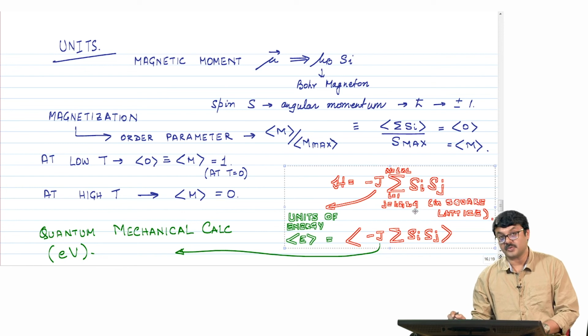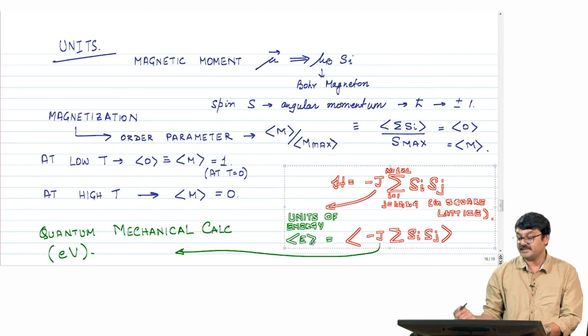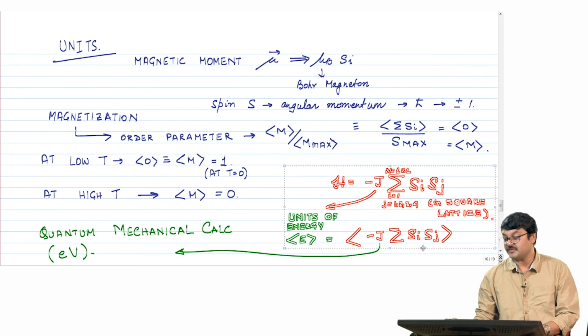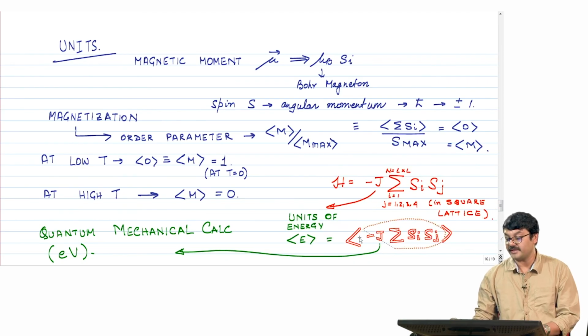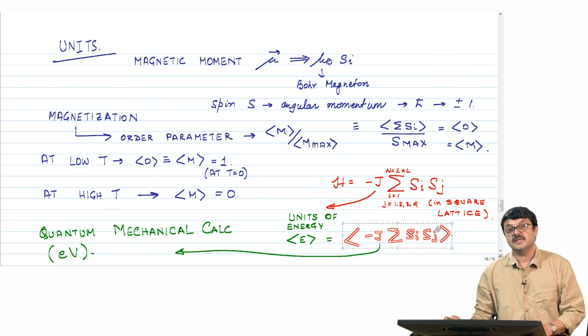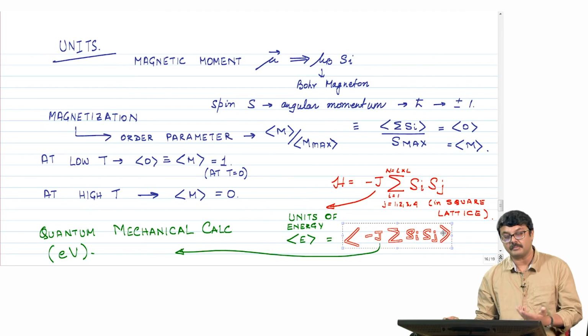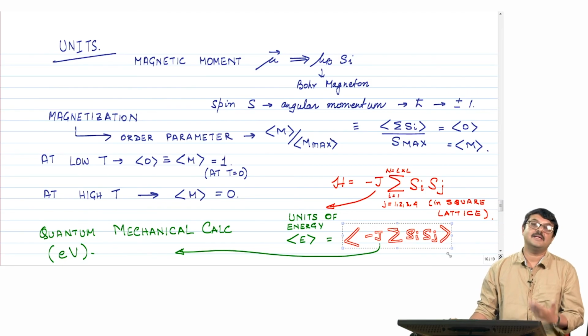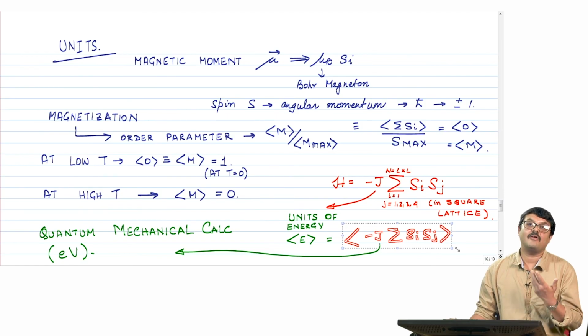And we also need to discuss what is going to be the units of energy, and what is energy. Essentially energy is the average value of this quantity, and this quantity within the angular brackets is going to be determined by how the spins are arranged in a particular microstate at the end of one Monte Carlo step, and that will give the instantaneous energy of that lattice.